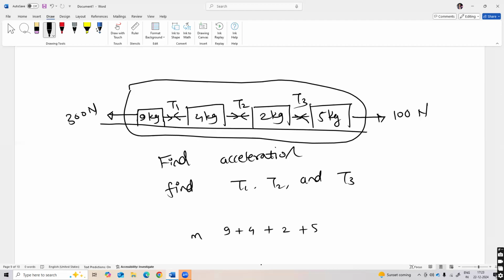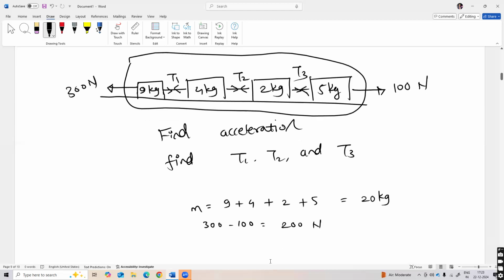So the total mass M will be equal to 9 plus 4, 13 plus 2, 15 plus 5 equal to 20 kg. And there are two forces acting on the system, 300 Newton on the left side, 100 Newton on the right side. So the net force is basically 300 minus 100.